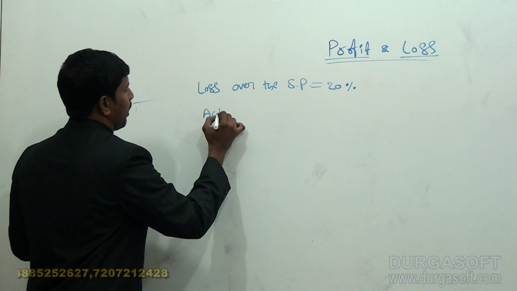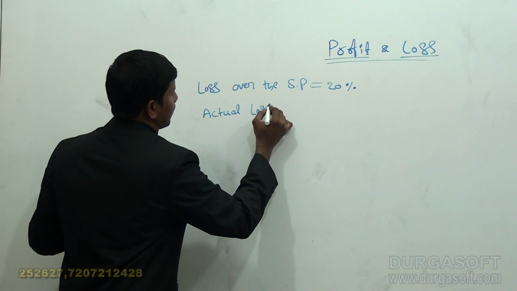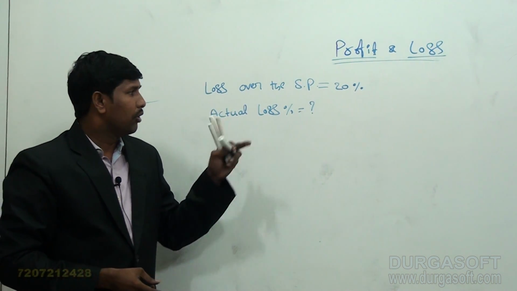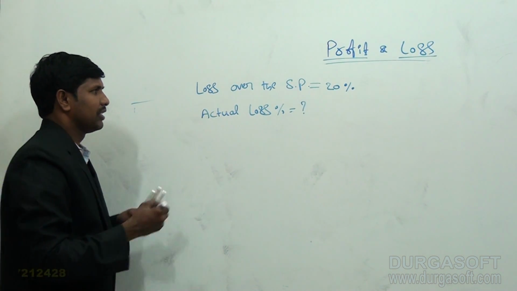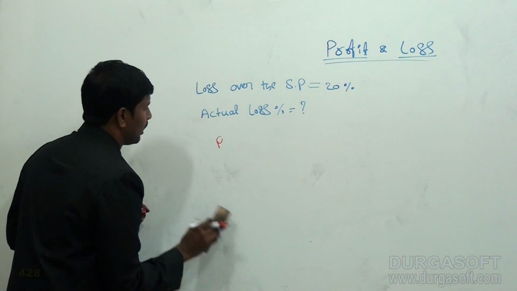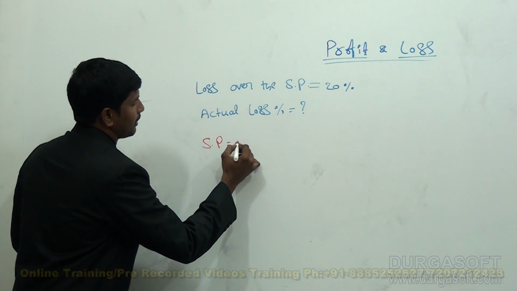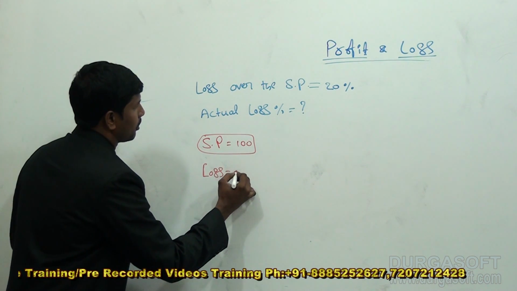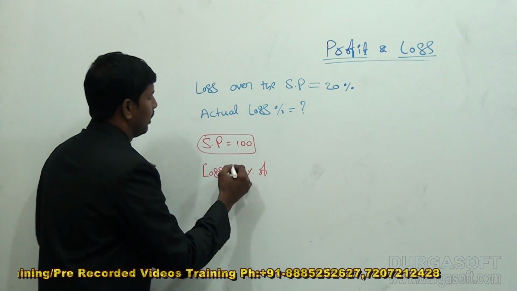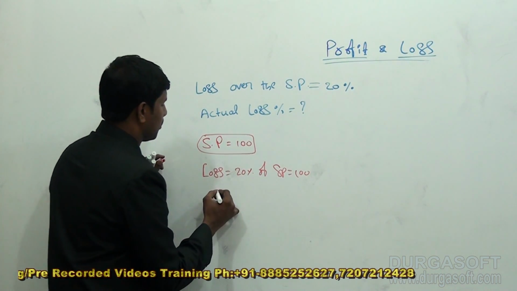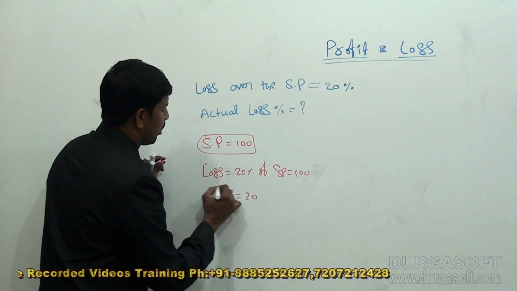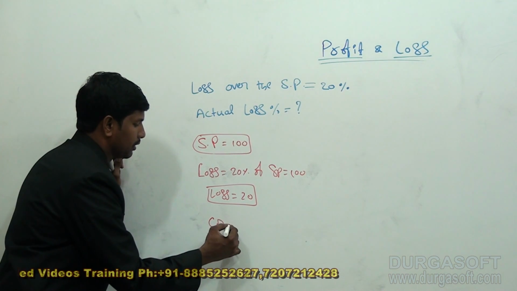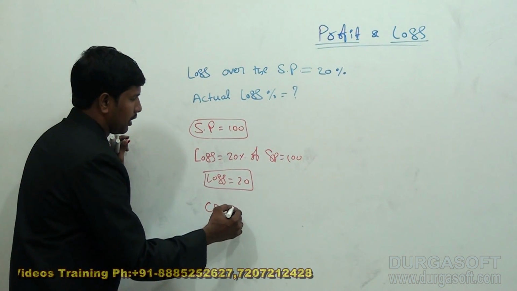I want actual loss percentage. Previously it was profit, now it is loss. Now you can follow the same procedure, like you can take the selling price as 100, and now the loss we got is equal to 20% of selling price, which is 100 in this case. That means the loss we got is equal to 20, and we know the selling price and loss, so you can calculate the cost price.